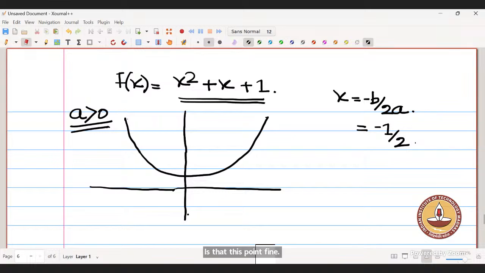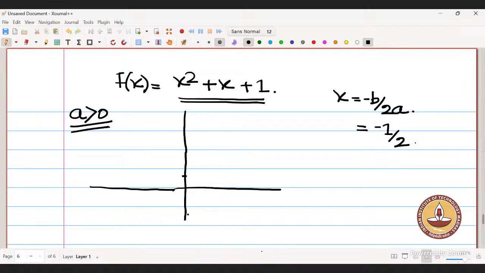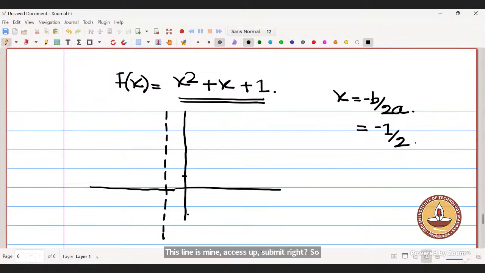So that means I have not drawn it correctly. So this line is my axis of symmetry, right? Let's say it should look like this.